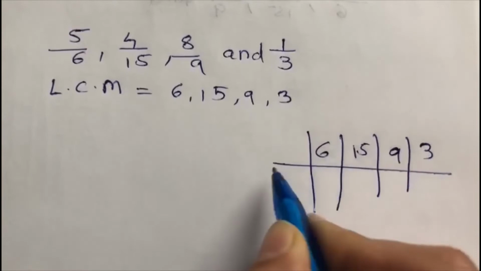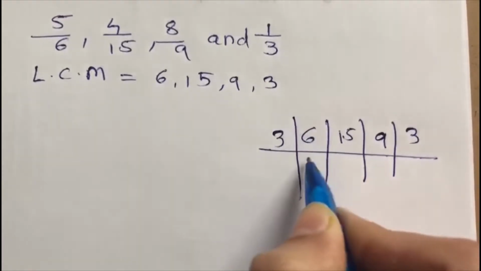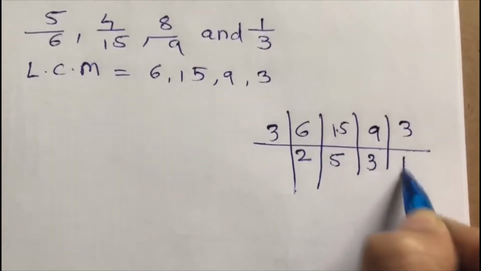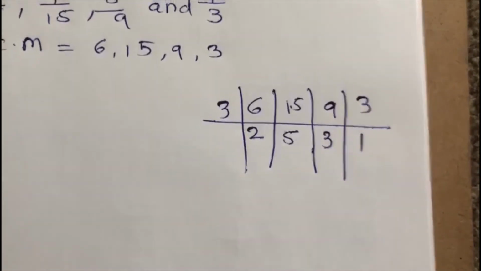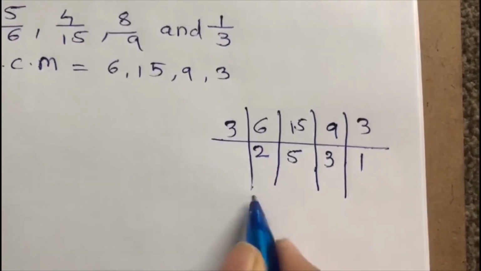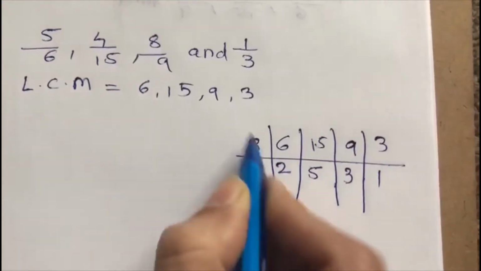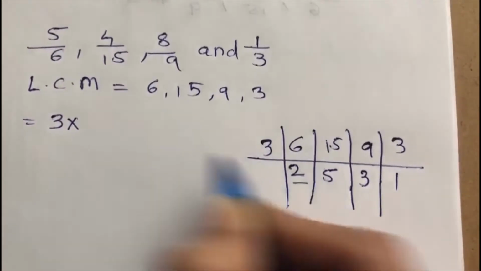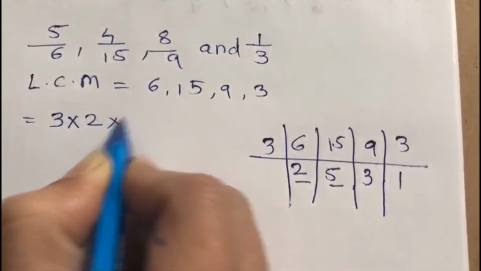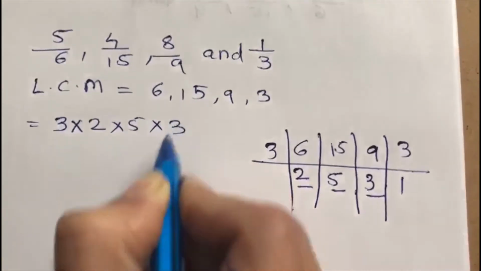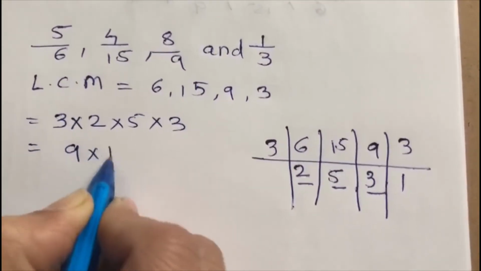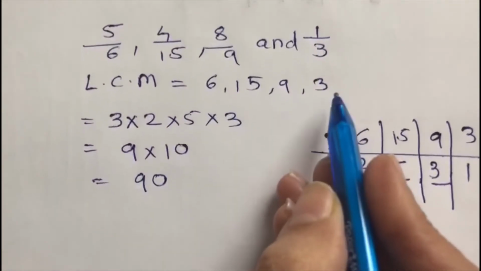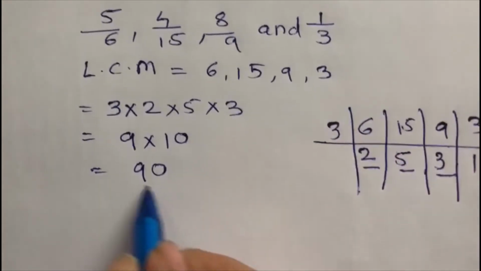I will divide all these numbers by 3. So 2, 5 comes here, 3 comes here and 1 comes. These numbers are different. I'll write the LCM of these numbers as 3 times 2 times 5 times 3, which will be 9 times 10, means 90. So the LCM of 6, 15, 9 and 3 is 90.